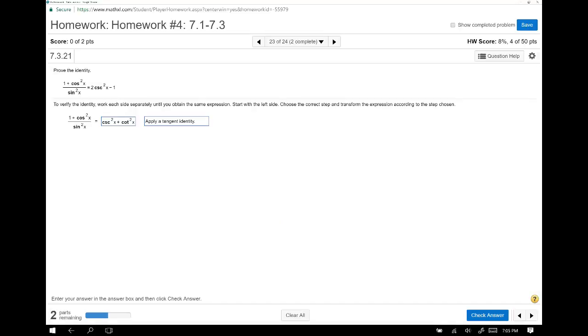So on this one, they want us to do multiple steps in one, I guess. One plus cosine squared over sine squared. Let's do Pythagorean. And let's just change sine squared to 1 minus cosine squared. And let's see what they have to say about that.